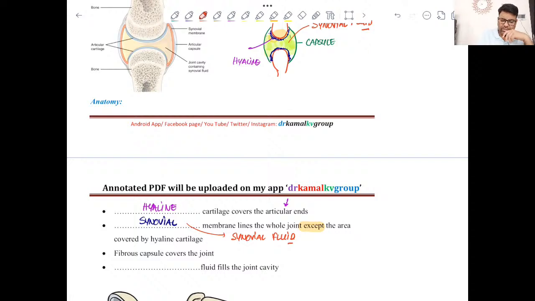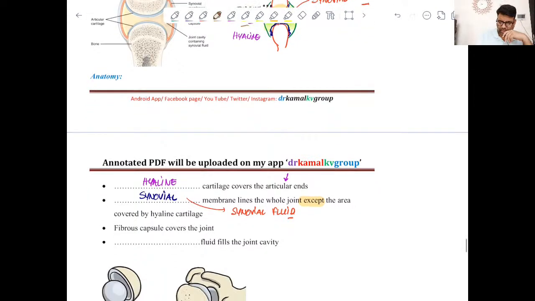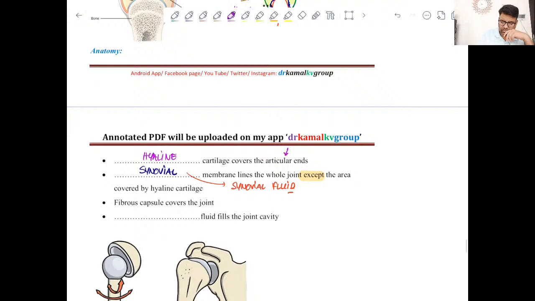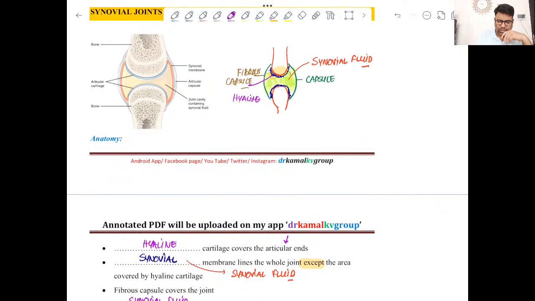Then there is a fibrous capsule. Okay, so this is the fibrous capsule which limits the space of the joint, and there is the synovial fluid which fills up the joint. So this is a classical diagram of a synovial joint, right? This is the synovial membrane, you can say. Okay, so this is a classical example.